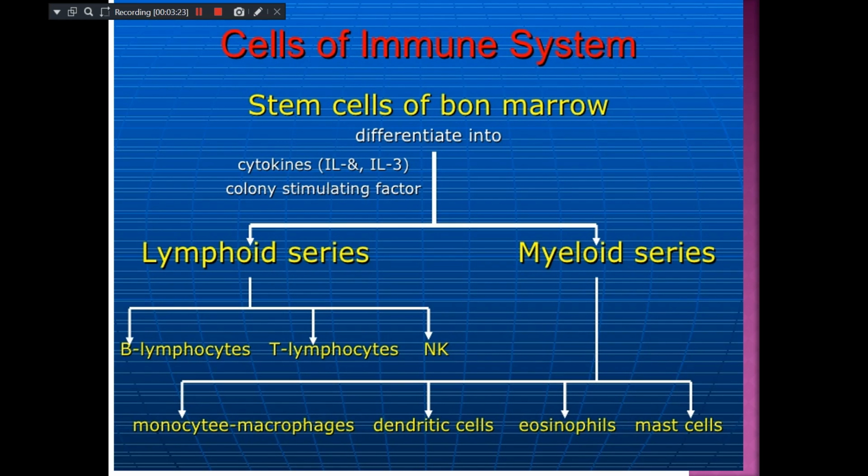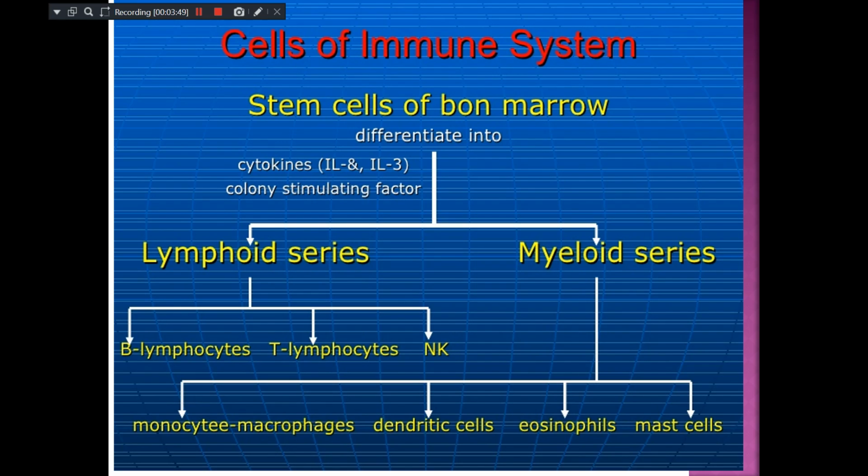All of these, irrespective of whether it is a B lymphocyte or a T lymphocyte, take birth in the bone marrow, especially the bone marrow of some larger bones, where you can see cells which are not differentiated. They are called stem cells.